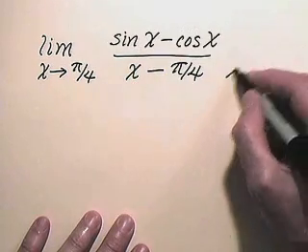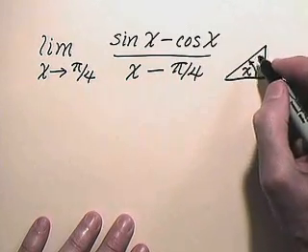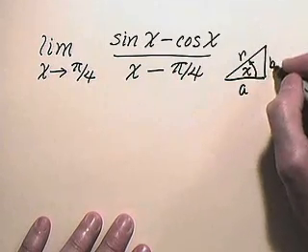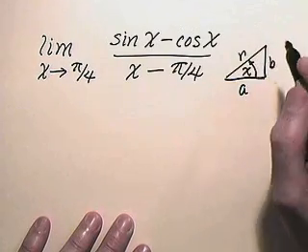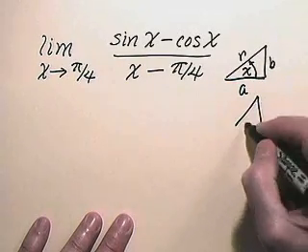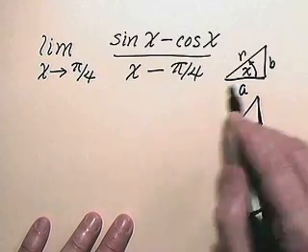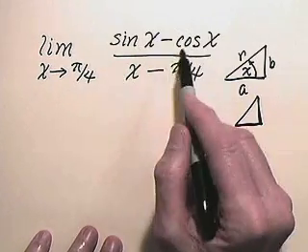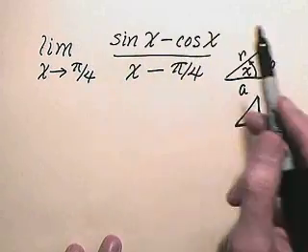Well, remember, as far as the angle x is concerned here, thinking in angular terms, sine is opposite over the hypotenuse, cosine is adjacent over the hypotenuse, and so when I take a 45-degree right triangle, which is what pi over 4 is in degrees, then in that case both sides are the same, and so sine pi over 4 equals cosine pi over 4. The two are the same. And so as x approaches pi over 4, I'm also getting 0 in the numerator.